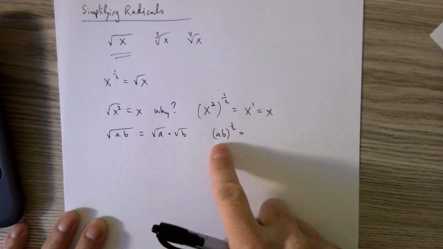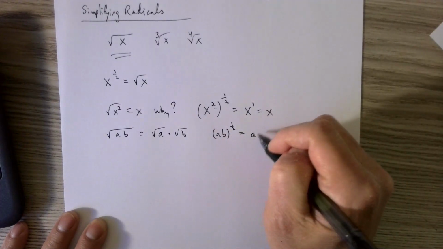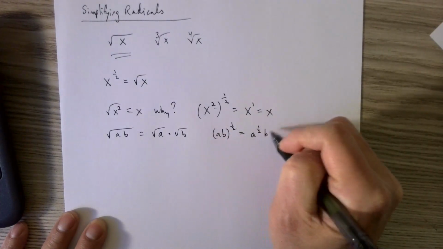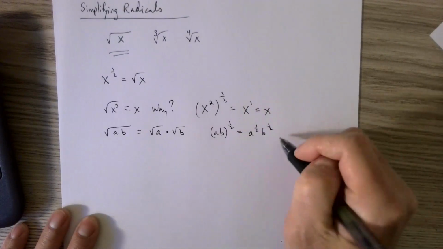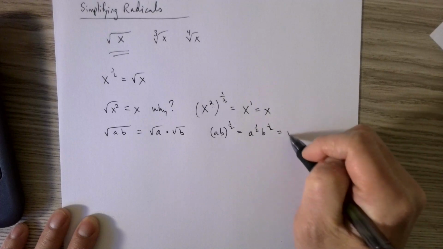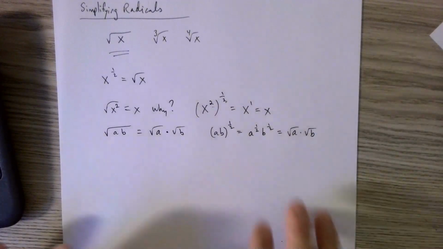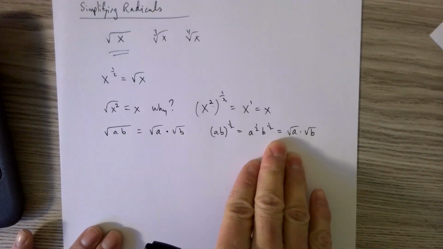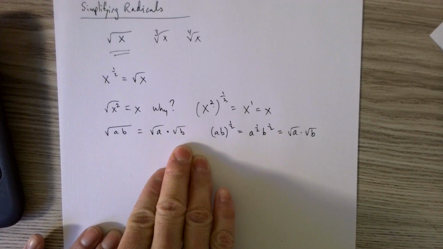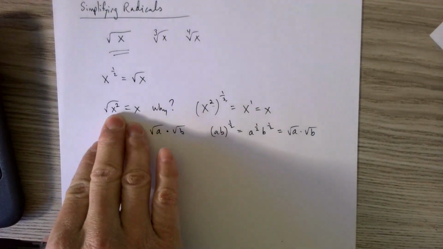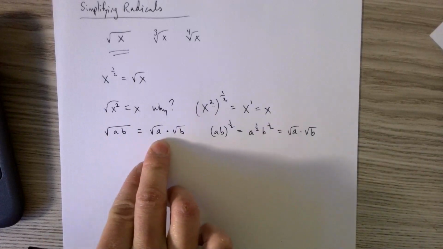And this is power of a product, so I distribute that 1/2 exponent. And I get this, which in radical form is square root of a times square root of b. So you see, this is the proof. It is true that square root of ab equals square root of a times square root of b. And square root of x squared equals x. Okay, we're going to use these 2 facts a lot.